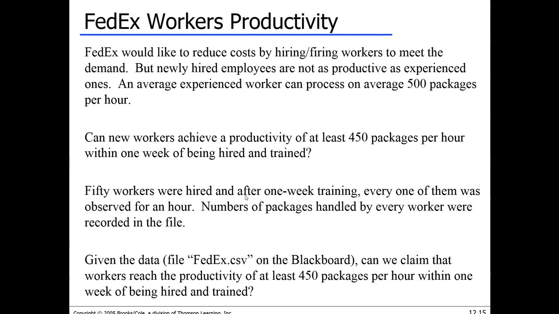So they take 50 workers, put them through a 1 week training program, and after that they ask every single one of them, hey, can we go ahead and do the package sorting, and we'll just track you for 1 hour. How many packages will you finish within 1 hour? So we have recorded 50 different numbers, right? They are supposed to be in the file fedex.csv, and the file is posted on Scholar, so you can download it from Scholar.